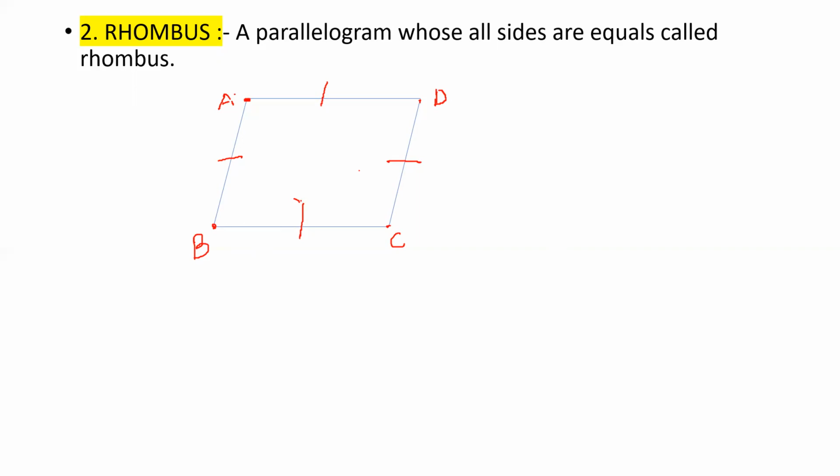One more special property is that all sides are equal. Additionally, the diagonals are perpendicular bisectors in a rhombus, meaning when AC intersects BD, a 90-degree angle is formed.